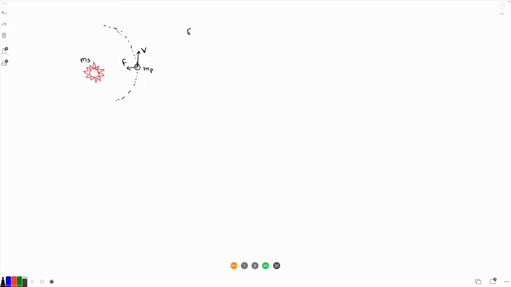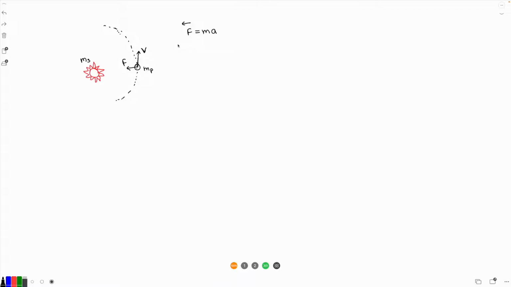I am going to write F equals ma towards the center. Right. So the force acting towards the center is gravitational force. So I can write gravitational force using Newton's law.